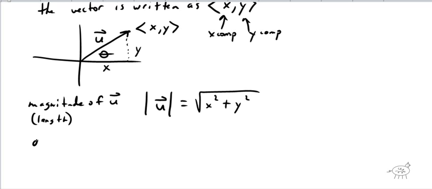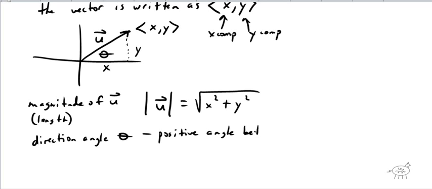All right, direction angle, which is our theta. It's basically a positive angle between the positive x-axis and the vector. Let's keep going.